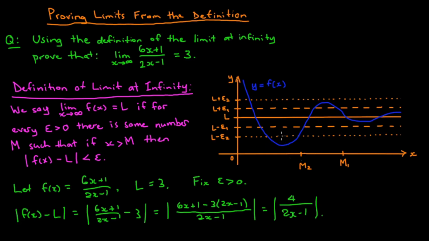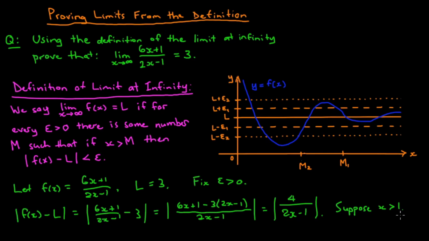Now, because we're interested in x values that approach infinity, we're allowed to set any minimum value for x that we like. So I'll suppose that x is greater than 1.